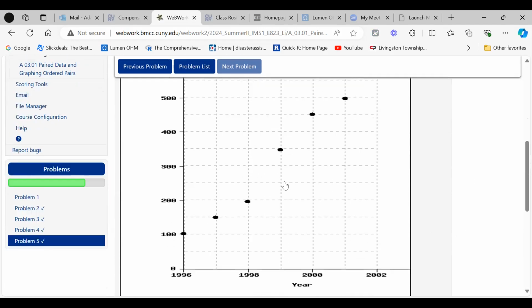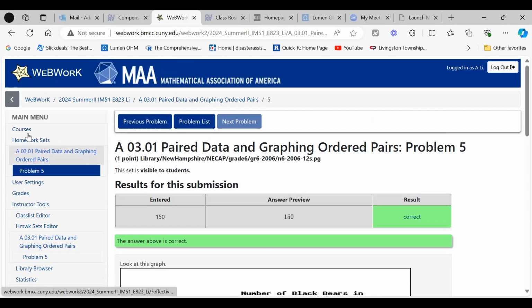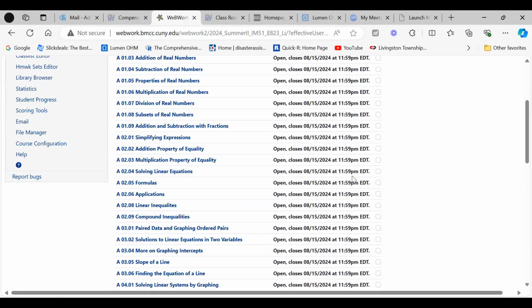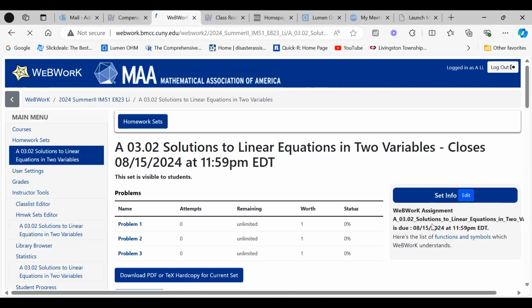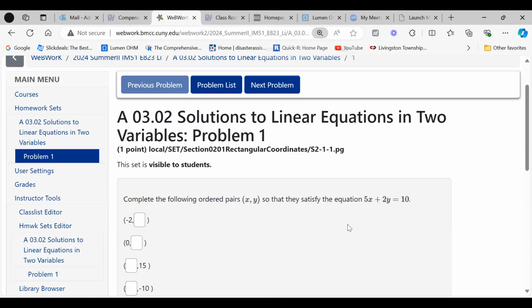Any question about this? All right. Let's get to 3.2. The homework starts in 3.2. Solution to linear equations in 2 variables. Question 1. I'll let you guys try this.